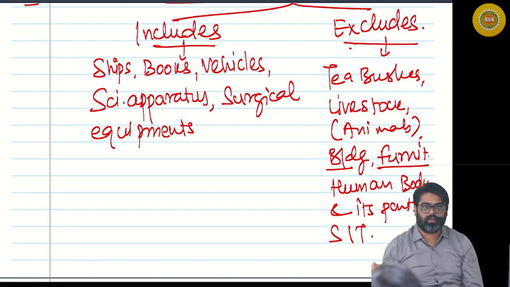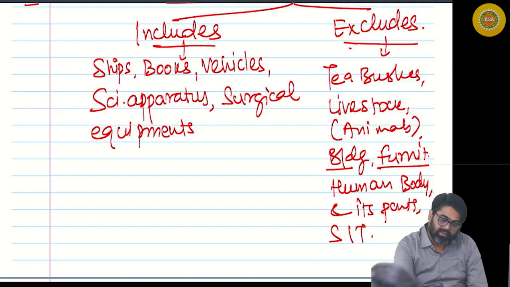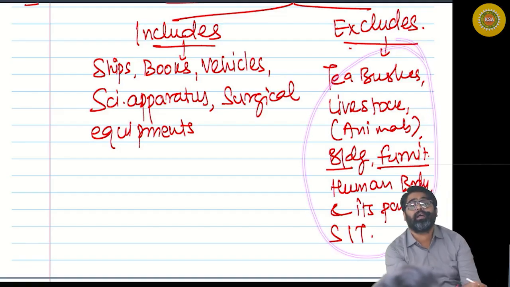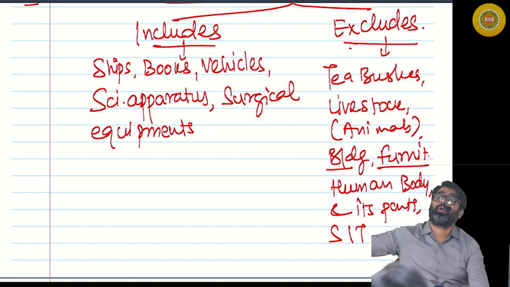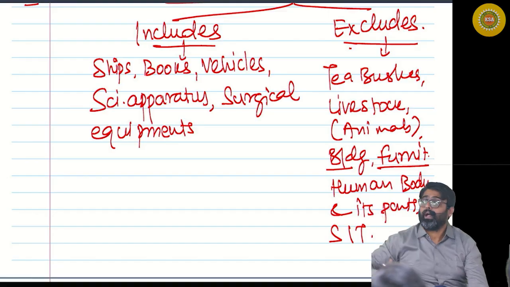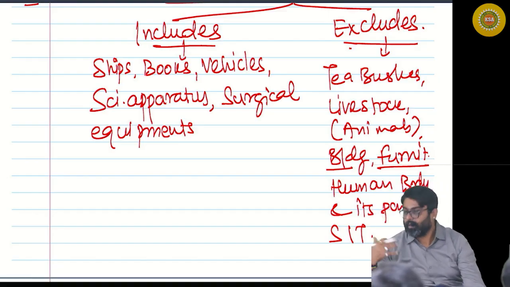Even though they might be assets giving you long-term benefits, sometimes their cost is entirely allowed as revenue expenditure. Or it is not advisable to call these assets plant and machinery. Government does not want to allow this cost at once, sorry, in the form of depreciation.